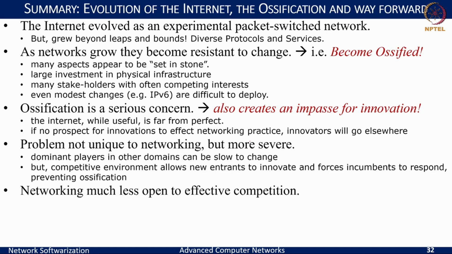Interestingly, this problem is not unique to networking, but it is more severe there, because experimentation relies on having an open internet where you could deploy and test. But unfortunately, there is now no means to make these changes and experiment at internet scale.